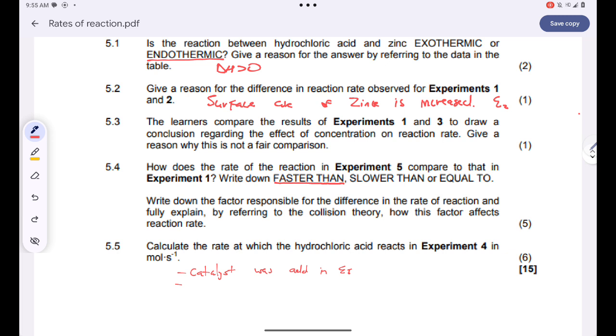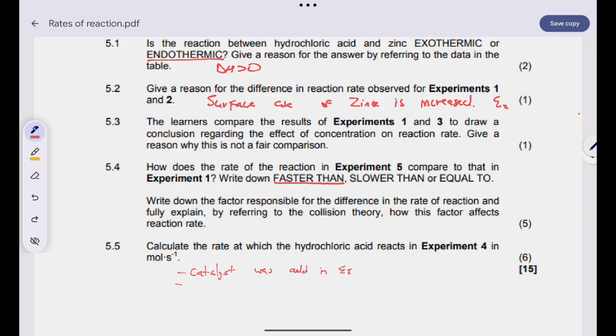Let me say that again. In experiment 5, a catalyst was added. Point number 1, whenever you add a catalyst, you will lower the activation energy. Point number 2, whenever you lower the activation energy, more particles will have a kinetic energy which is greater than the activation energy.